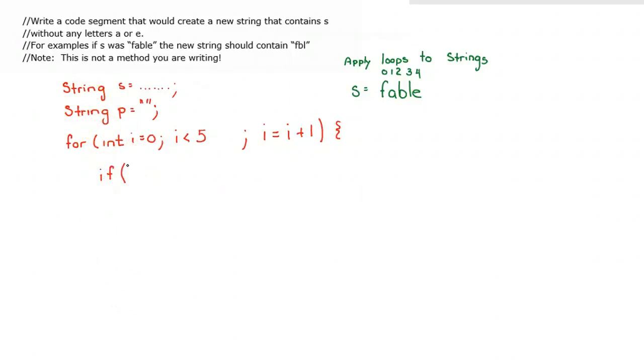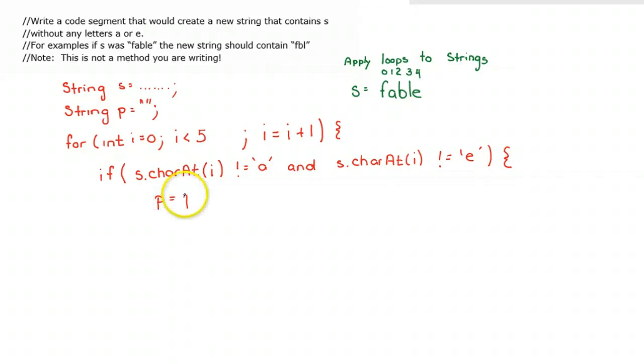And what I'm going to do is I'm going to access the character at the position I. So my string is called S. So if I go s.charAt(i) is not equal to an A, and s.charAt(i) is not equal to an E, well then what I'm going to do is I'm going to say P is equal to whatever is already in P plus s.charAt(i). And then I'm going to close that brace.